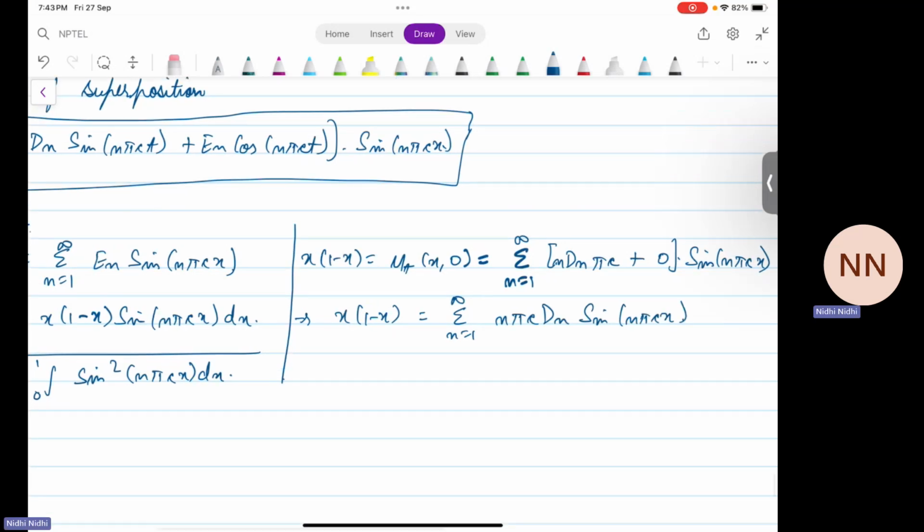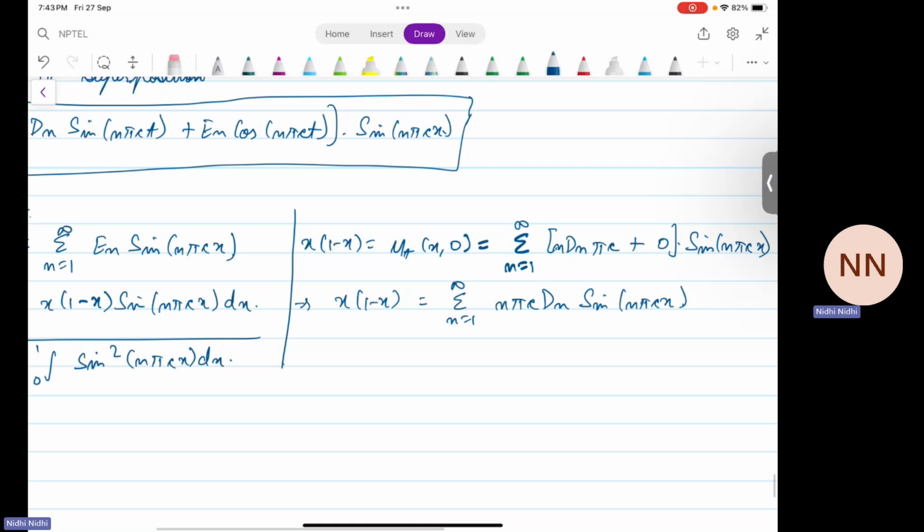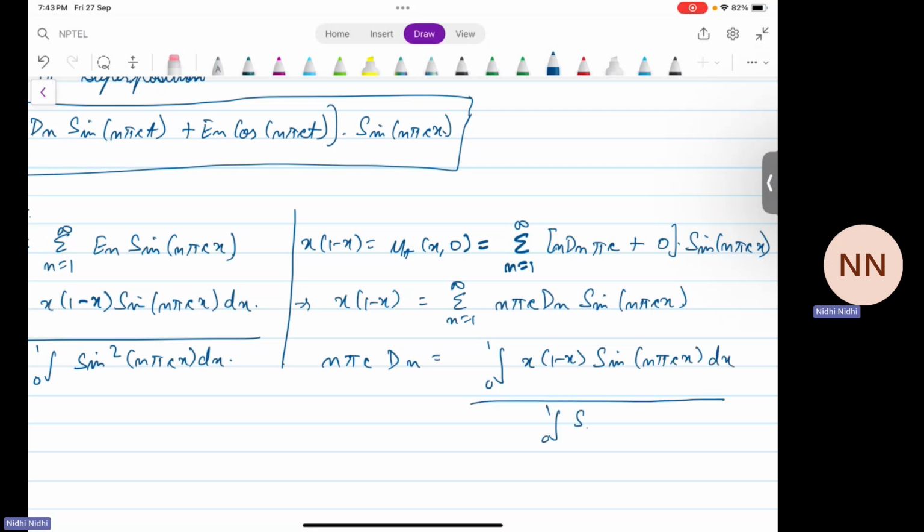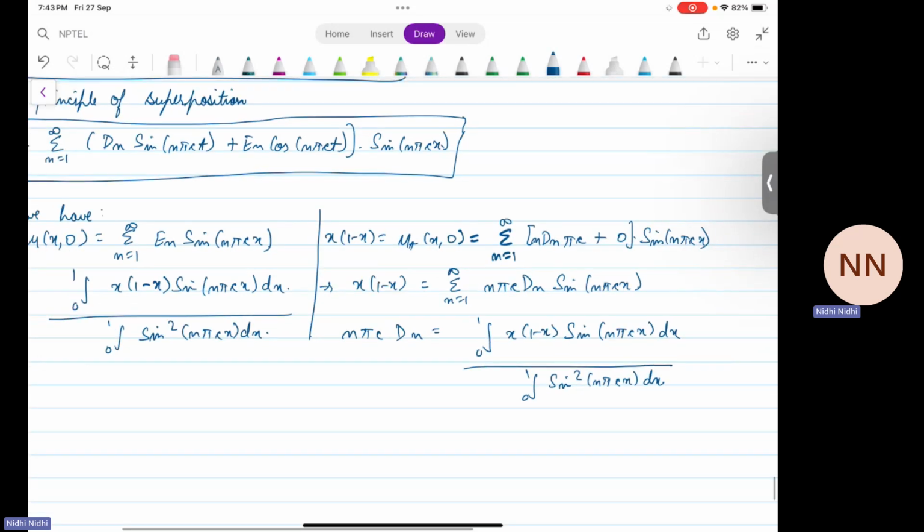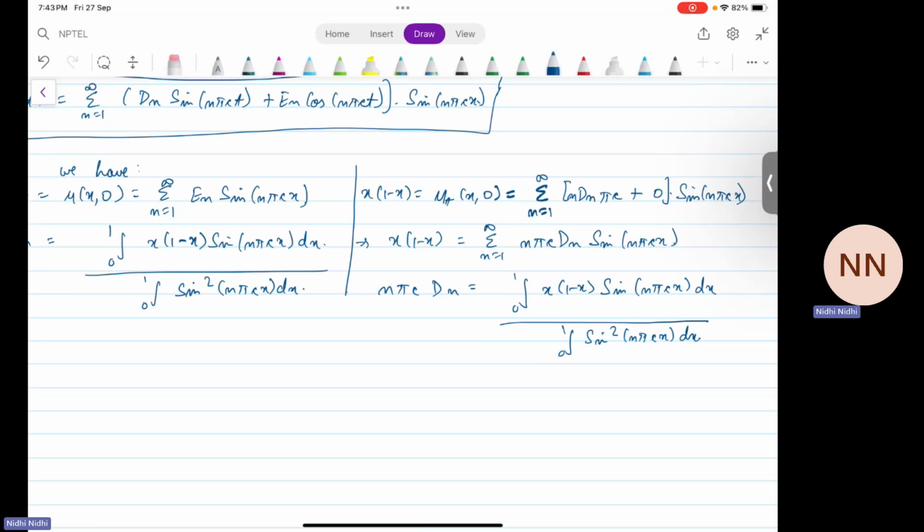From here we know that we can evaluate these coefficients: n pi c D_n is equal to integration 0 to 1 x(1 minus x) times sine n pi x dx by integration 0 to 1 sine square n pi x dx. Thankfully, in both the cases, we need to evaluate the same integral.